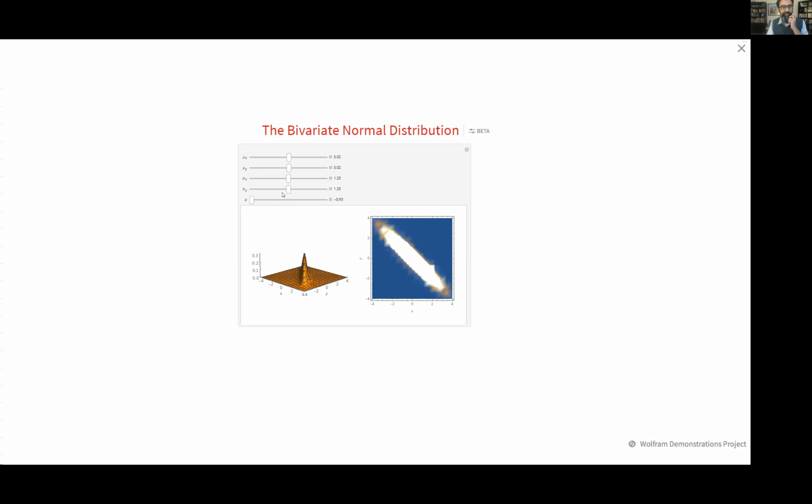And you can change sigma y, making it larger, and you see here that the spread changes once again. You can play around with a lot of other things, and I'll let you do that. Any questions here?